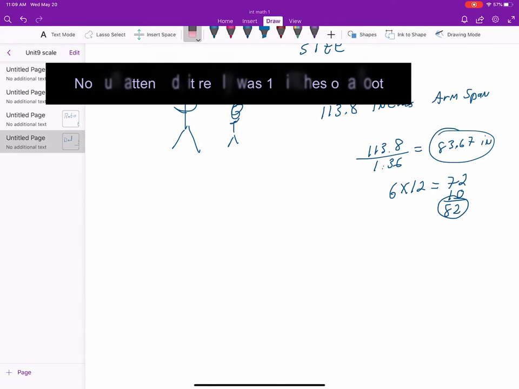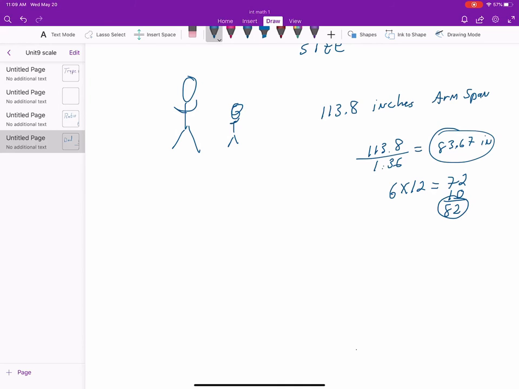So that's 12 inches. So my shoe that I have on right now is 12 inches. All right, and my height is 5'10", so that would be 70 inches.